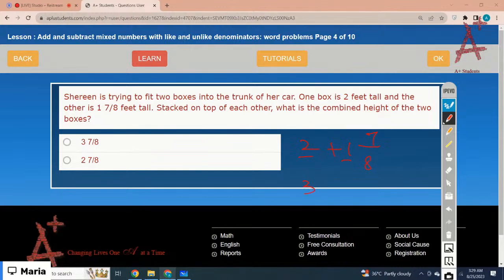Just add the whole part, that would be 3 whole 7 over 8. The correct option is 3 whole 7 over 8.